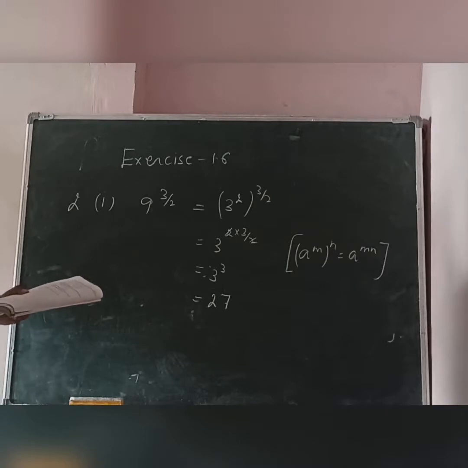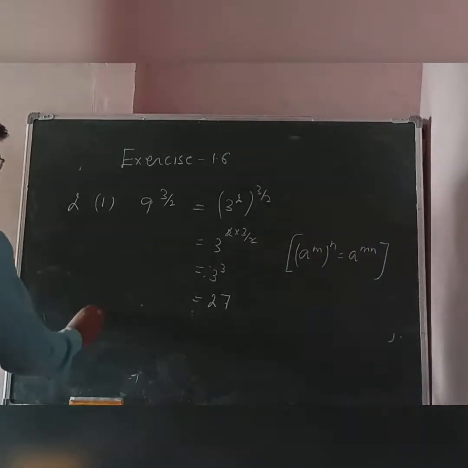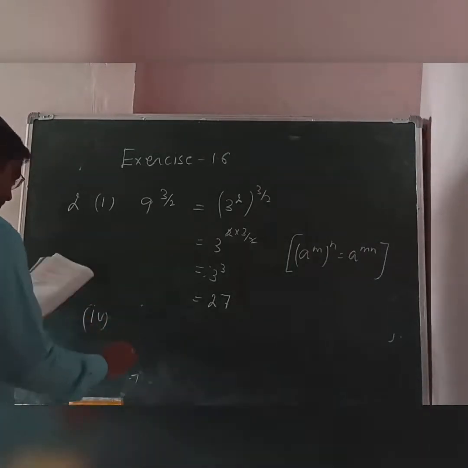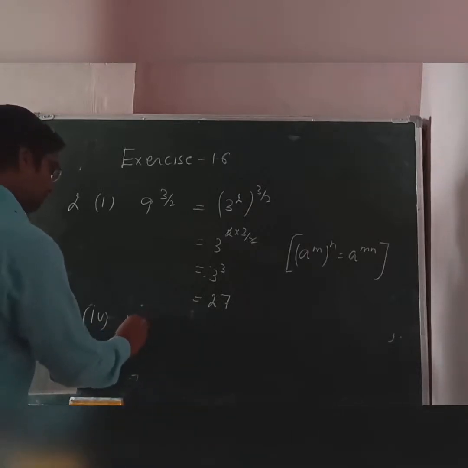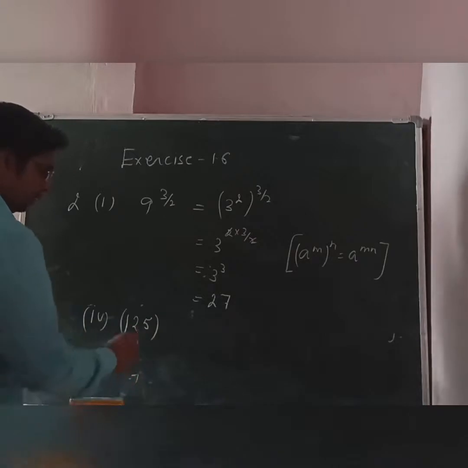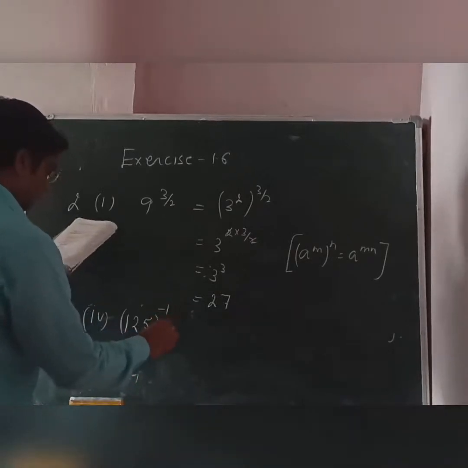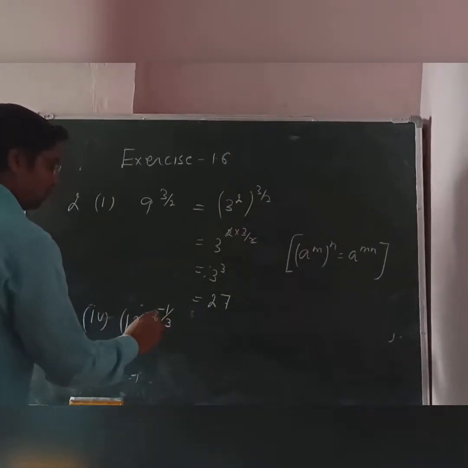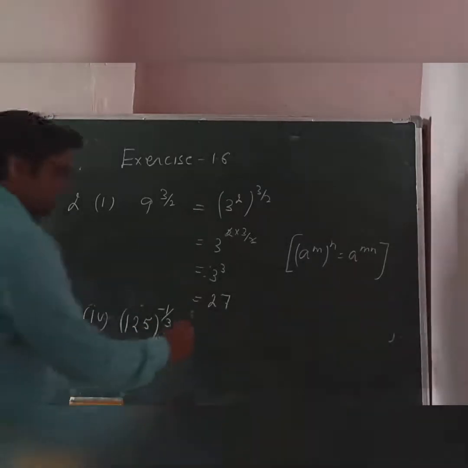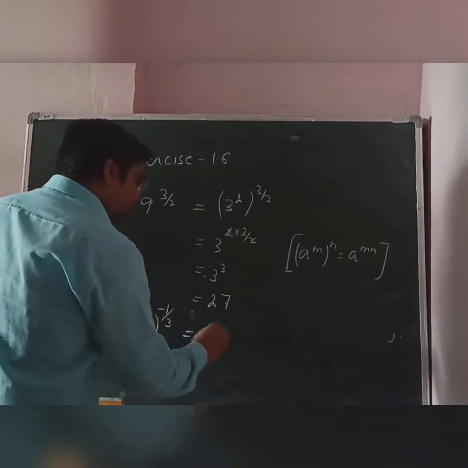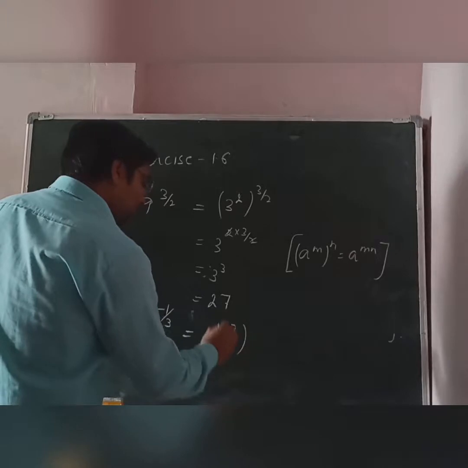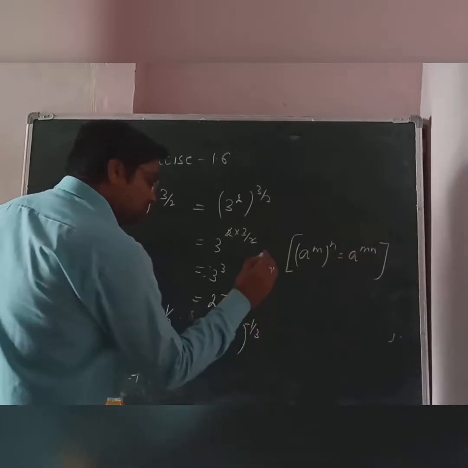Now taking one more part, the fourth part. Given 125 to the power minus 1 by 3. Now class, you can write 125 as the cube of 5: 5 to the power 3 and whole to the power minus 1 by 3.